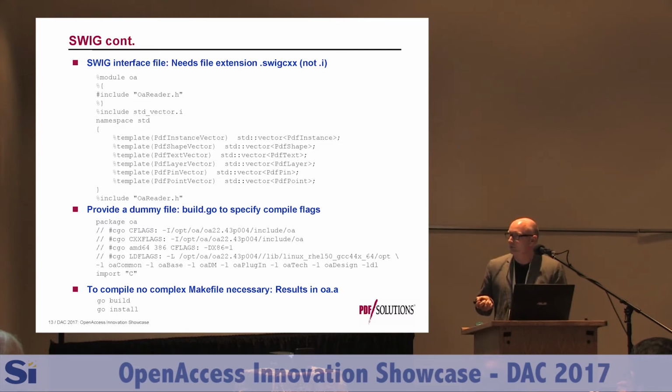And then the only thing you have to do is type go build and go install. That's it. If you use the option for the build command to see what Go is doing, it reveals that it creates a makefile that long. But Go is really nice in that it completely integrates with Swig.